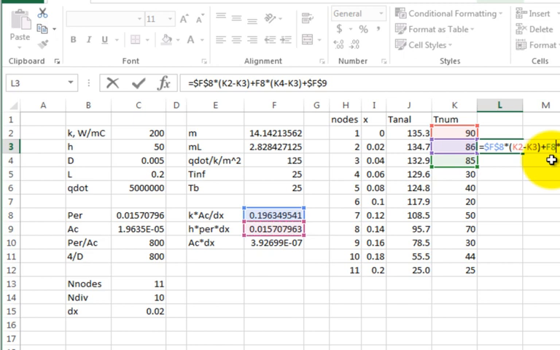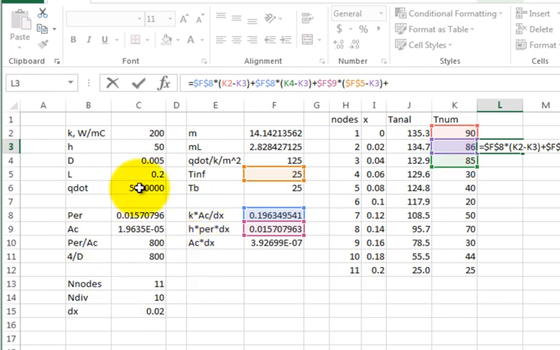You know, I forgot to put an F4 on this one to make it locked. All right, keep going. Times our T infinity, right there, lock it in, minus our T2. Is that T2? Yeah.